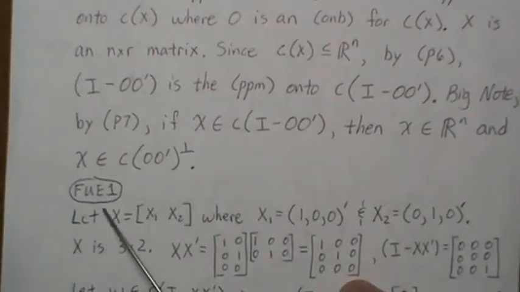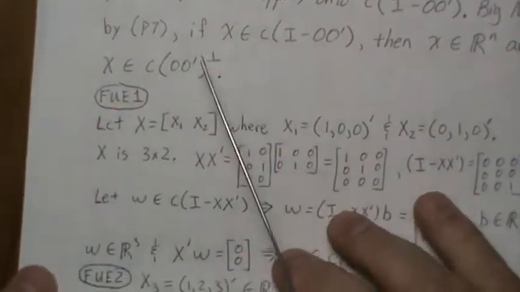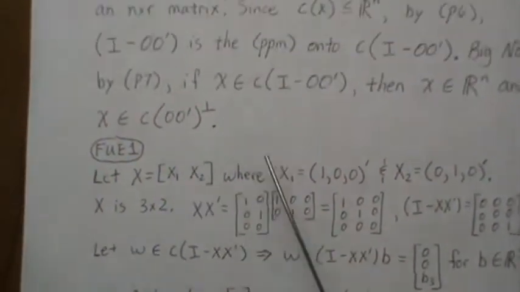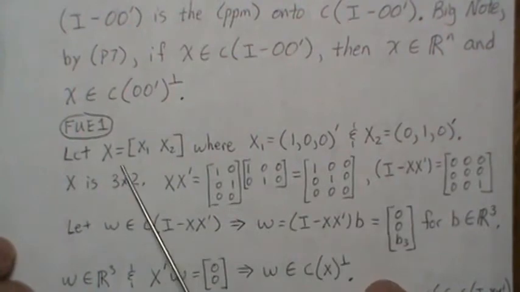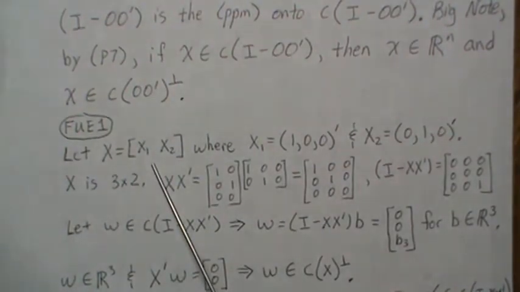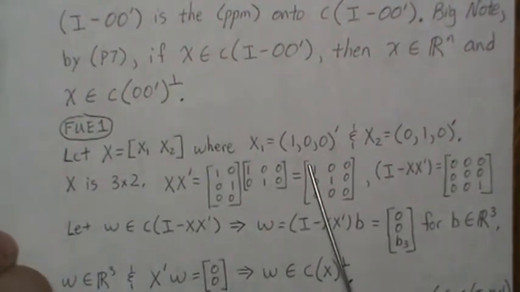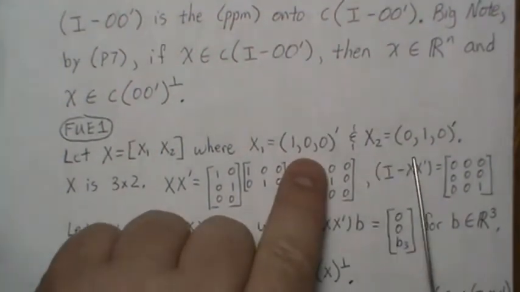So we have a follow-up to example 1, and then we're going to have follow-up example 2, where we give some numbers very quickly. Let X be a matrix with 2 columns, X1 and X2 here.